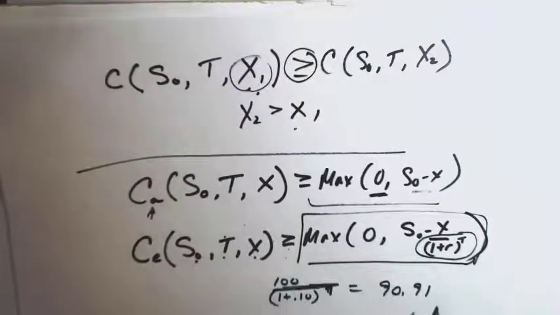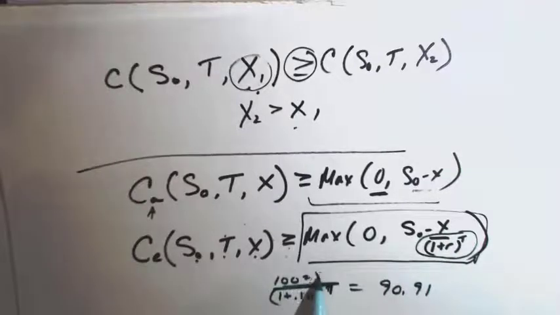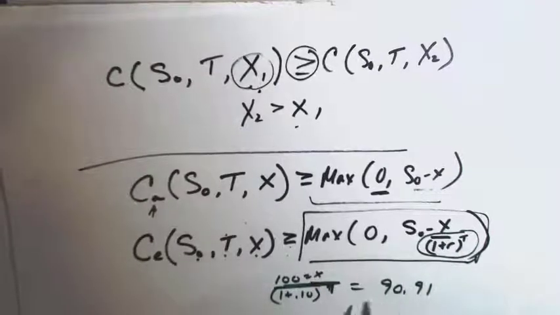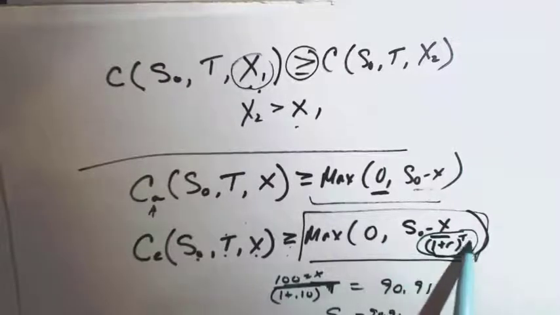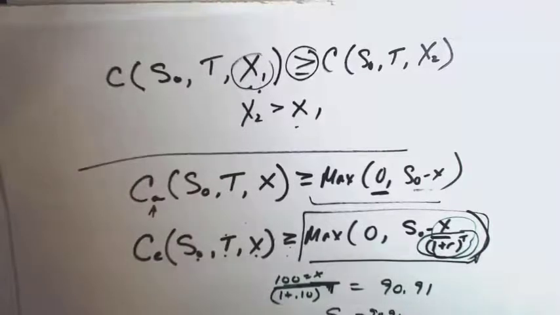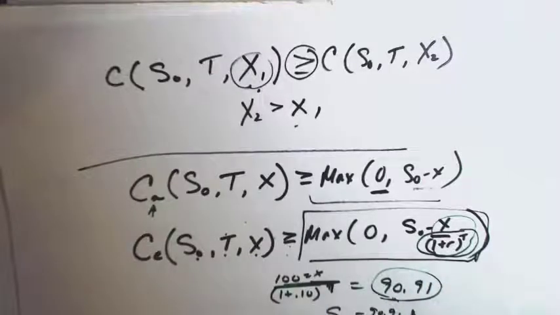And so the reason why we're discounting the strike, X, and we're putting in S minus the $90.91 here, is because with the European option, you cannot exercise it until expiration. So if expiration is 1 year from now, you're not going to pay X at this point. The value of X is $90.91.